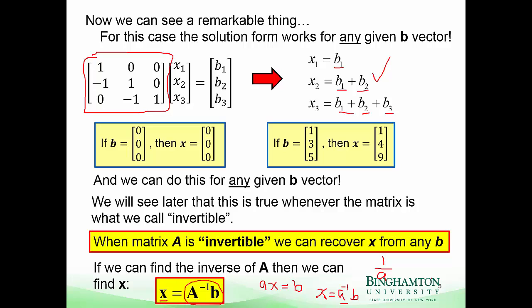Dividing a vector by a matrix is not defined. But there will be a new matrix called the inverse matrix of A that will work when I pre-multiply b by the inverse matrix. It'll give me back the x. And so that's where we're going here.